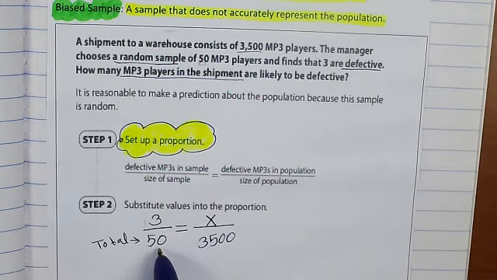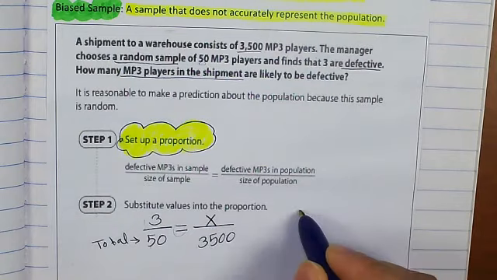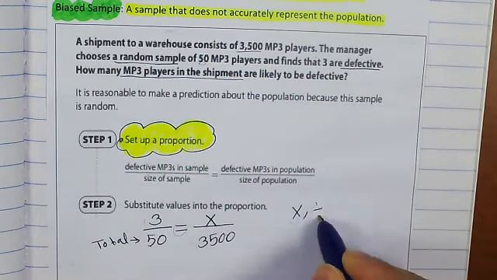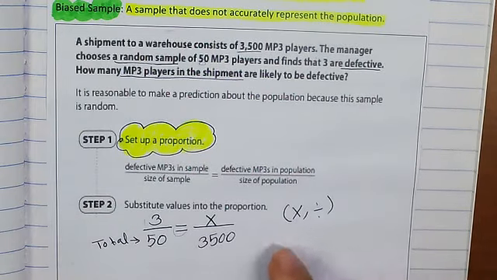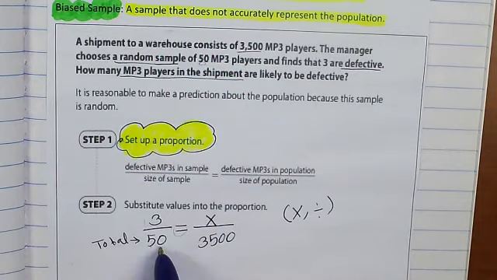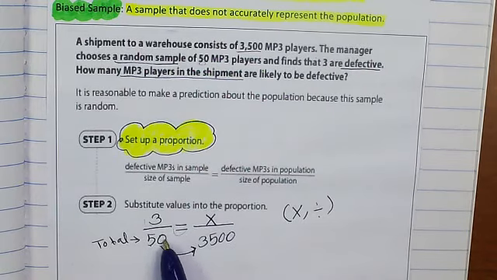One way to do this is, first of all, notice that we have an equal sign here, so I'm looking at two equivalent fractions. And remember, with equivalent fractions, we only use multiplication and division. We can't use addition or subtraction. Meaning, to make this fraction equal to this fraction, I ask myself, how can I make the 50 equal to the 3,500?